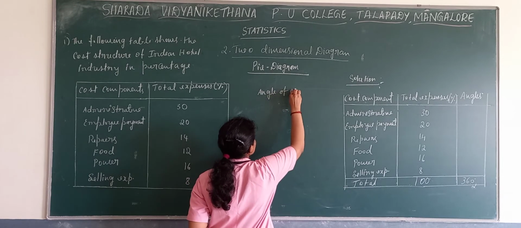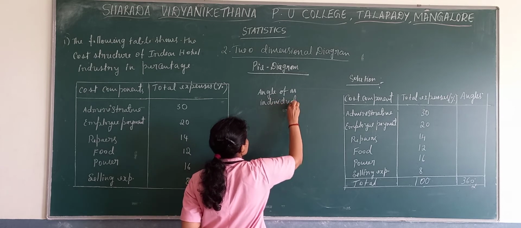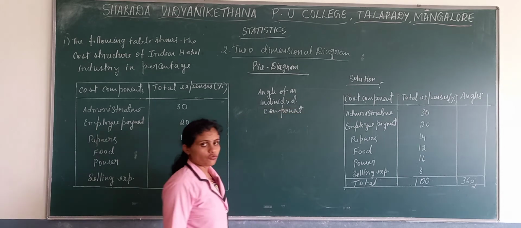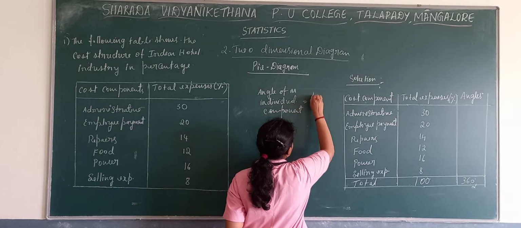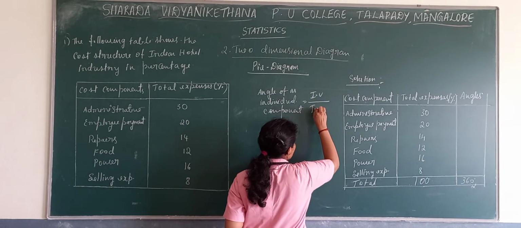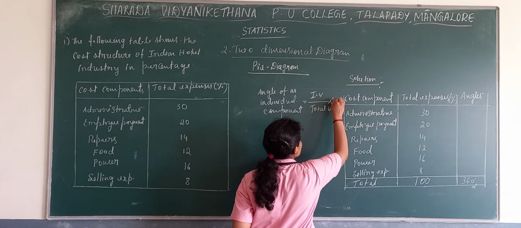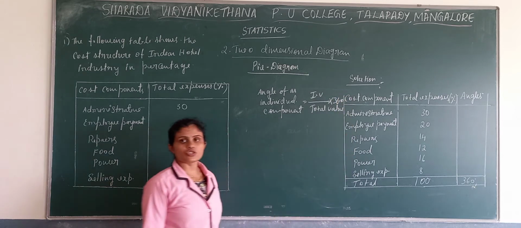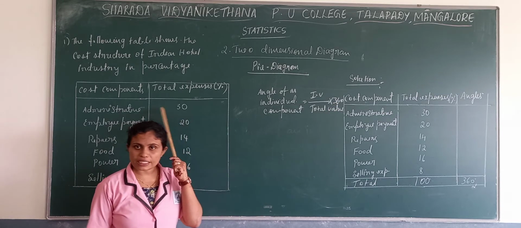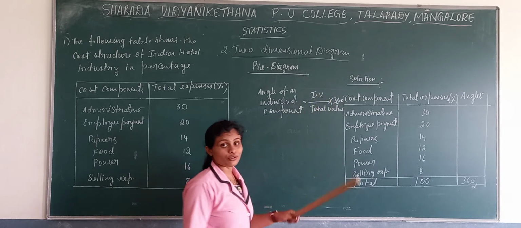The formula goes like this: individual value divided by total value into 360. In case of a percentage bar diagram, it is individual value divided by total value into 100.